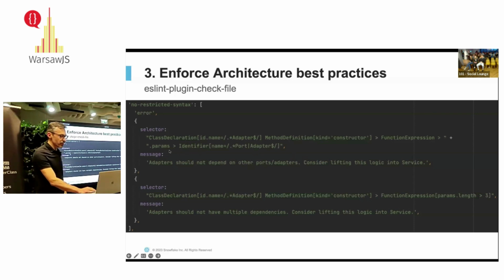For example, in the bottom one, if we have a class with a name ending with adapter, so this is our adapter in our architecture, and we are looking at the constructor, and it has more than 3 parameters, then fire the error with the message that adapter shouldn't have too many dependencies, right? So that kind of simple things that help people to apply the best practices that we agreed on.